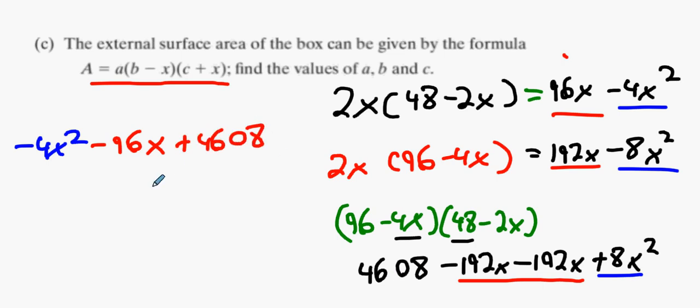What number divides into all of them? I'm guessing 4. We'll take out minus 4. And what's left over when I take out minus 4? Plus 24. And then over here? 1152.